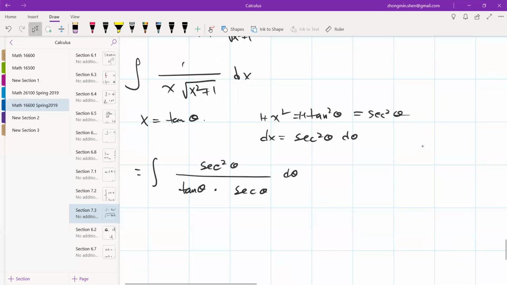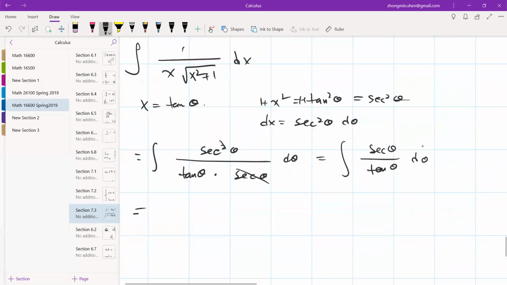Now you cancel that. So what do you get? You get the integral of secant theta over tan theta d theta. Are we able to evaluate this integral? Maybe, maybe not. We already have the answer from above, so we can try this. Secant theta is 1 over cosine theta, and tan theta in the denominator becomes cosine theta over sine theta.